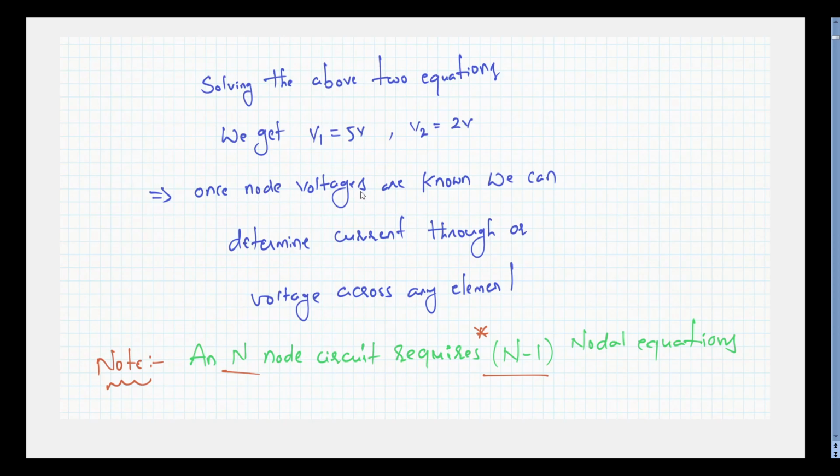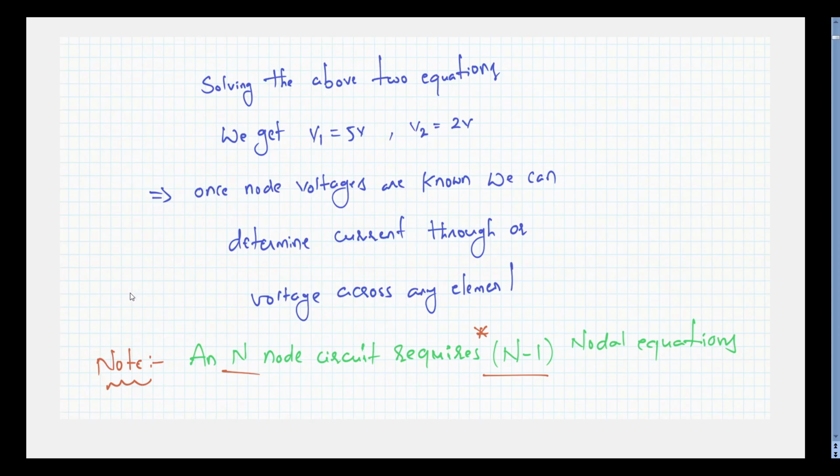Once node voltages are known, we can determine the current through or voltage across any element. This is the important point and the ultimate goal of nodal analysis. That is simply done by nodal analysis.